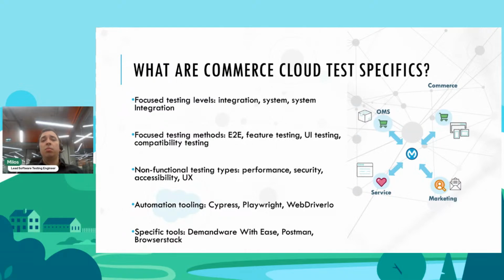For automation tooling, I think most of you have heard of these three tools: Cypress, Playwright, and WebDriverIO. My personal favorite is Playwright. In recent times, I'm using Playwright. I believe that all of these three tools are quite good and can easily handle the automation requests that this B2C implementation could have.